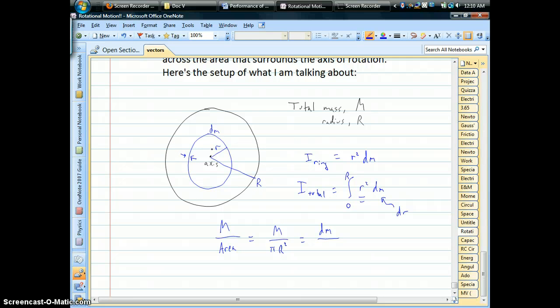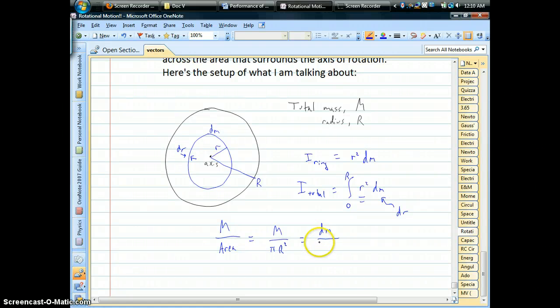I guess one way to think about this would be the ring has a little bit of thickness. A good calculus name for that would be dr. So imagine if you were to take that ring, cut it, and stretch it out into a rectangular shape. The area we could find with length times thickness, kind of like a rectangle.